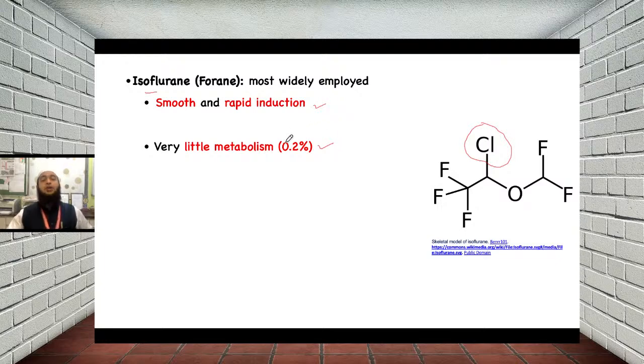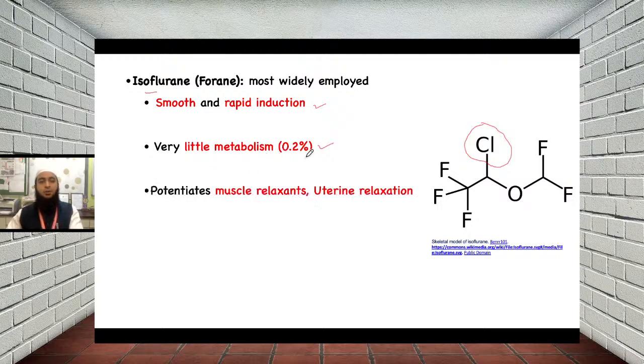There is no need to calculate and add an extra dose to compensate for the metabolism of this drug. And interestingly, it potentiates muscle relaxants and uterine relaxation.